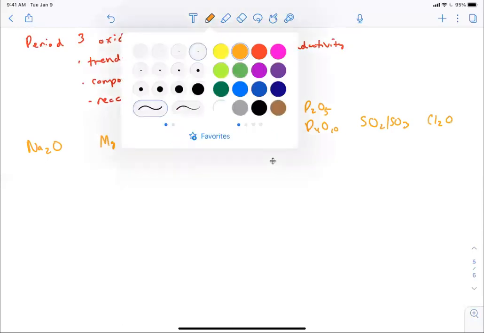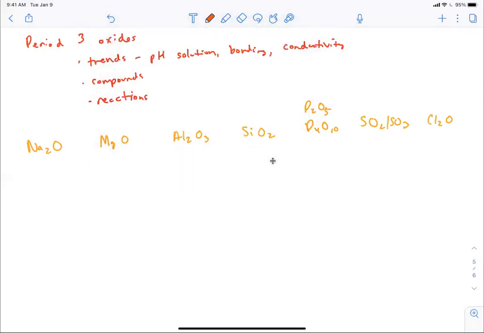Let's talk about bonding first. So we have ionic, covalent, covalent, covalent, and covalent. This one's kind of in between, but we're going to call it ionic for this purpose, because aluminum's kind of a metalloid-ish.